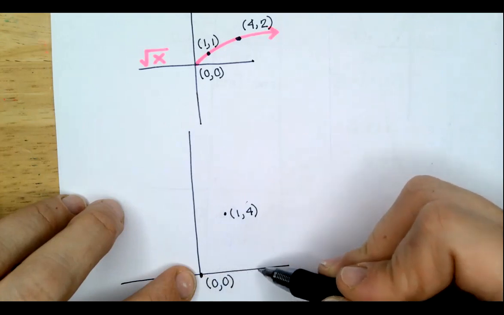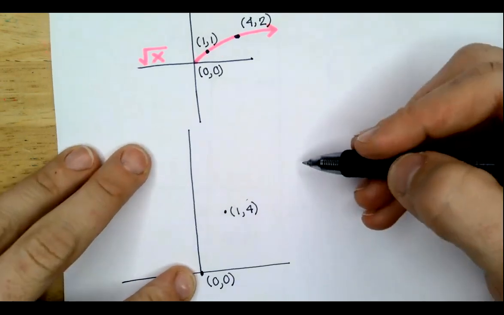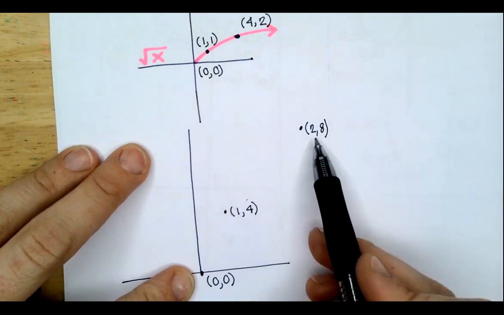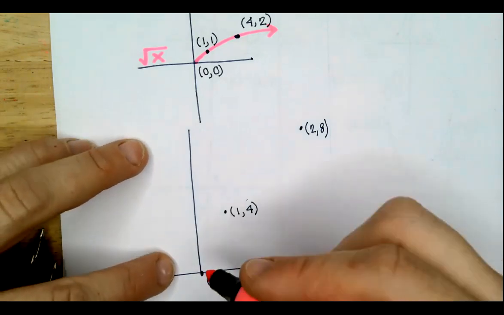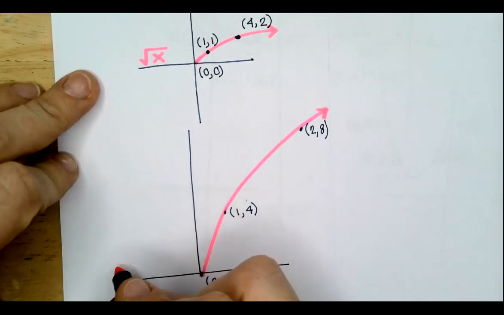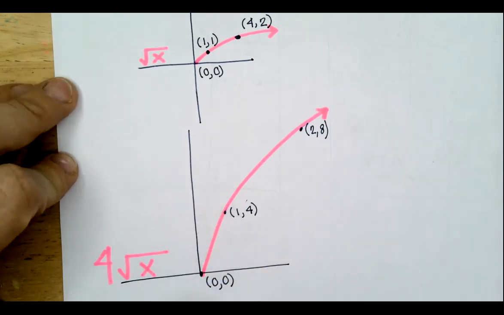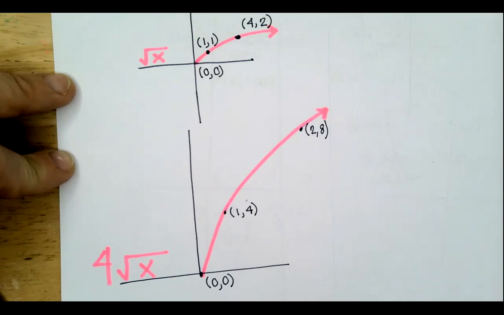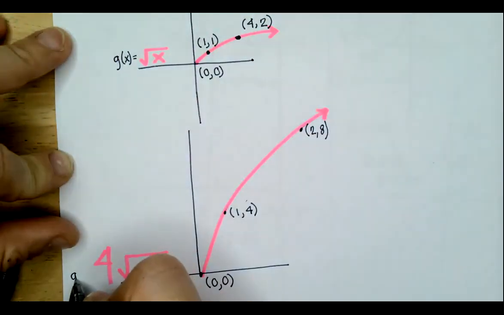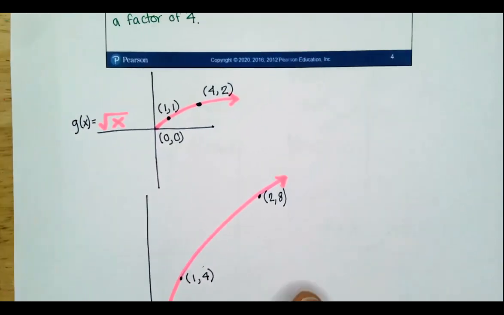So 0, 0, 1, 4, 4, 8. We're stretching the y-axis by a factor of 4, so we're just making it really, really tall. But the x values stay the same. So that is, I didn't even remember, the 4 is outside. 4 square root x. Good? Okay.